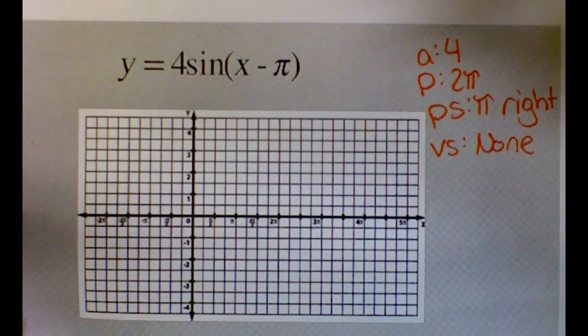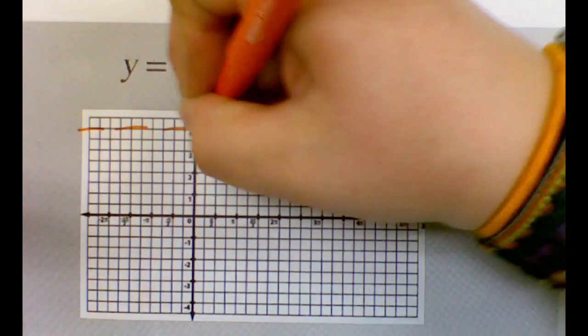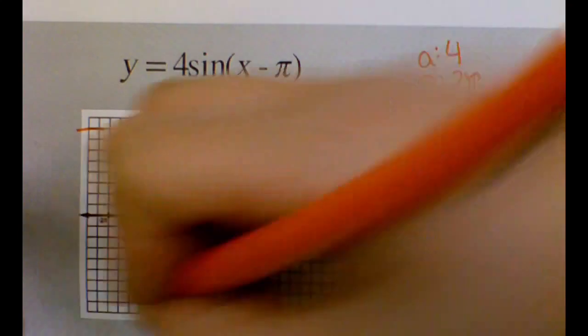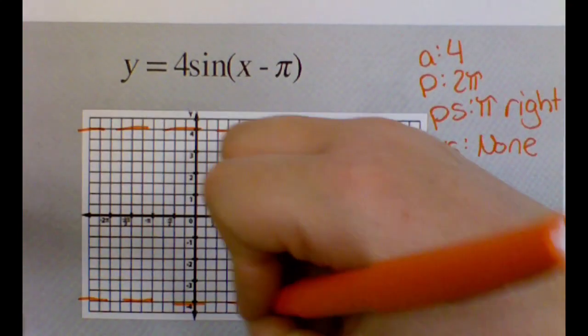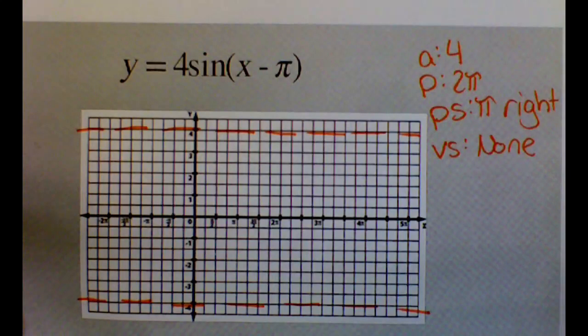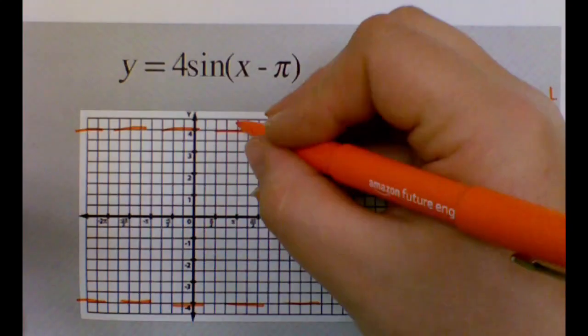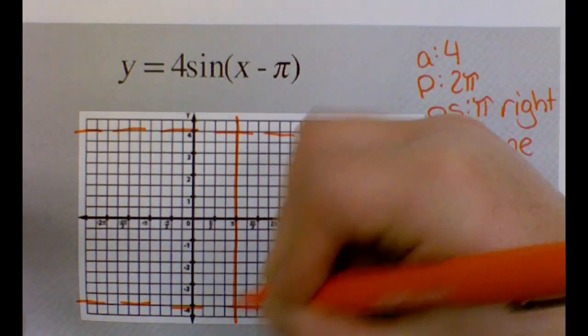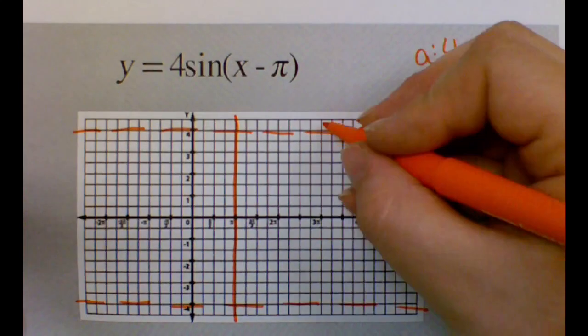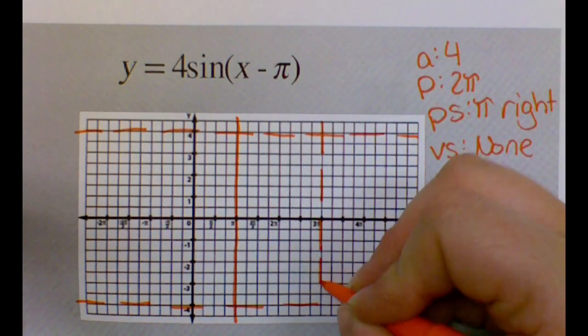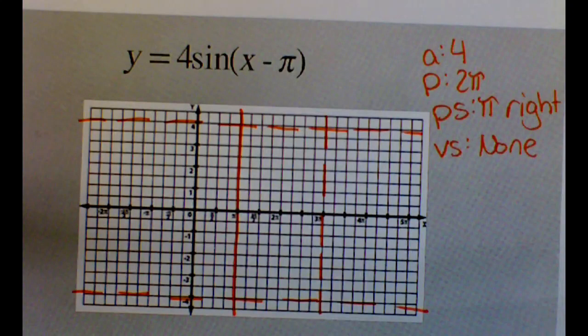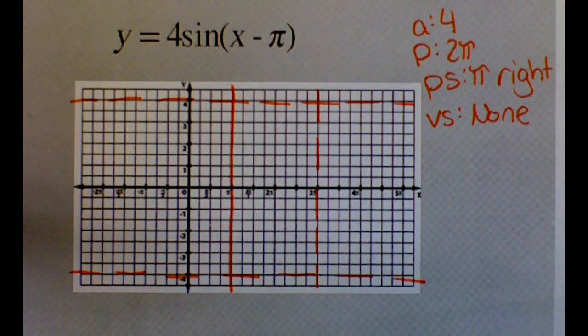Amplitude is 4, so that means we go up to positive 4. We go down to negative 4. Our phase shift is pi to the right, so I'm going to start at pi. Our period is 2 pi, so that means my first period ends at 3 pi. It's sine, so sine starts at 0, ends at 0, middle at 0.